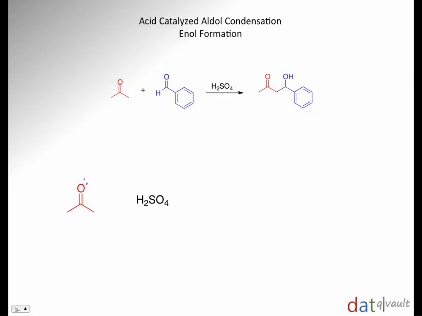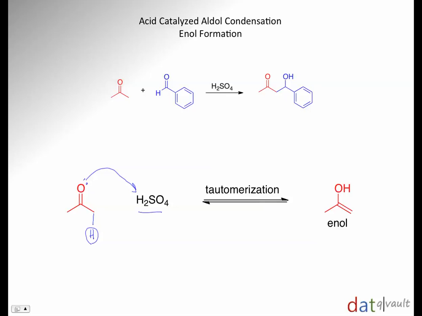First, an electron pair from the carbonyl will deprotonate our acid, and through tautomerization, we'll get this enol. So what we're doing is transferring the proton down here from this carbon up onto the oxygen, and that happens under acidic conditions. Once the carbonyl becomes protonated, the conjugate base of this acid will then deprotonate this hydrogen here to form our enol.